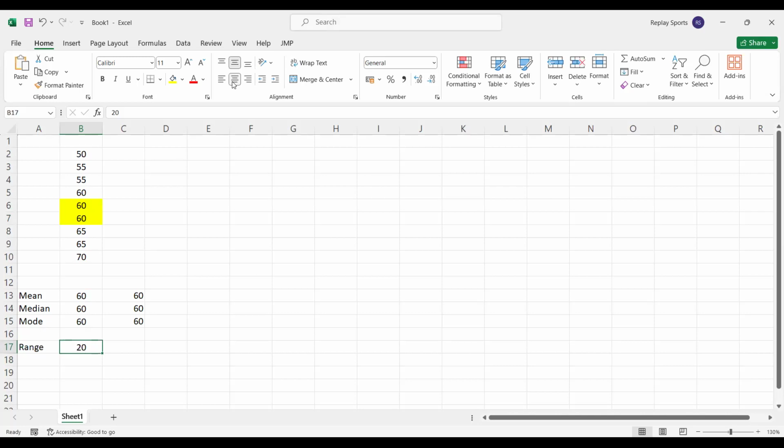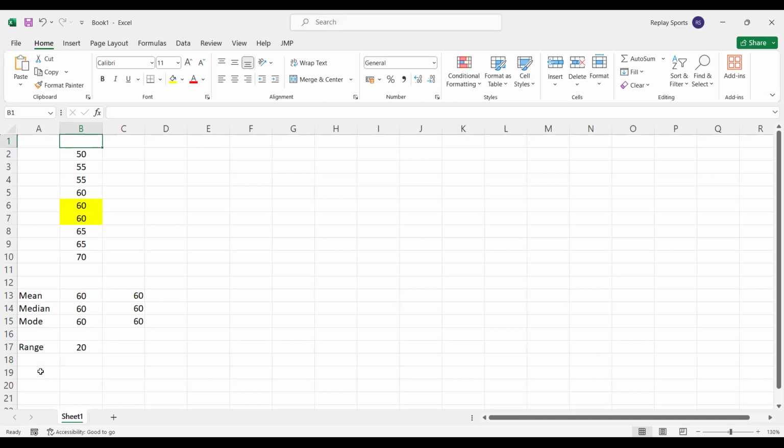If the range was higher, the deviation is also higher. Let's say if I had 30 here and 100 here, the range would have become 70, and the mean would probably have been the same. So the range is one metric which gives you an idea of how much the deviation is.